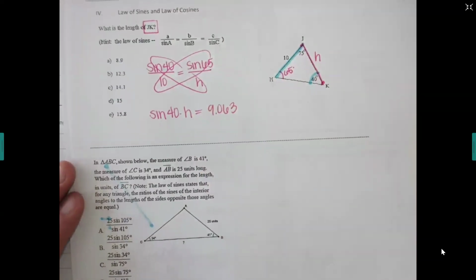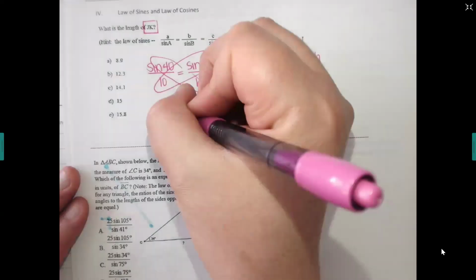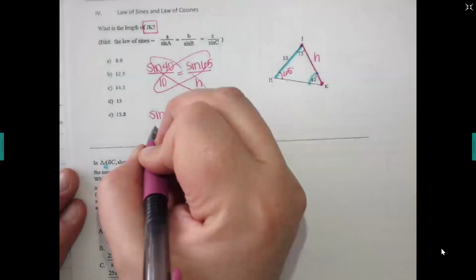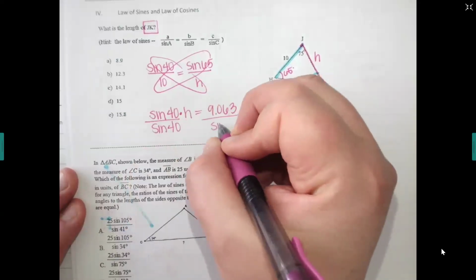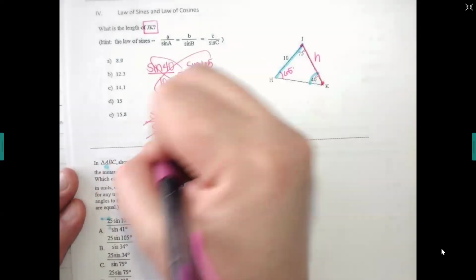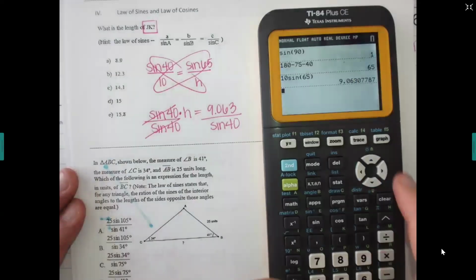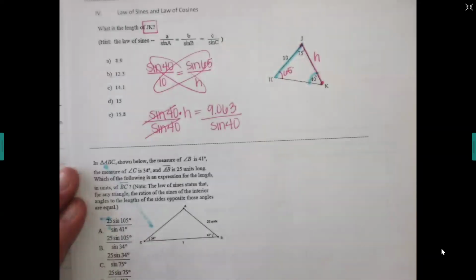And then what's my next step to get h by itself if it's multiplied by sine 40? Very good. Go ahead and do that in your calculator. Very good. So this divided by sine 40. Okay, we got 14.099, which is closest to 14.1.